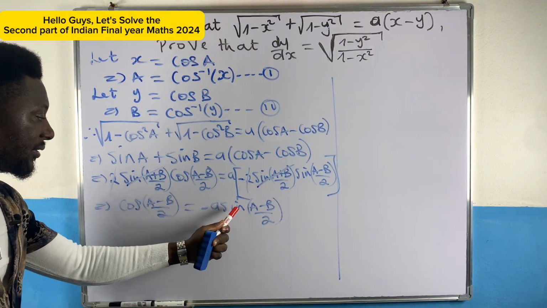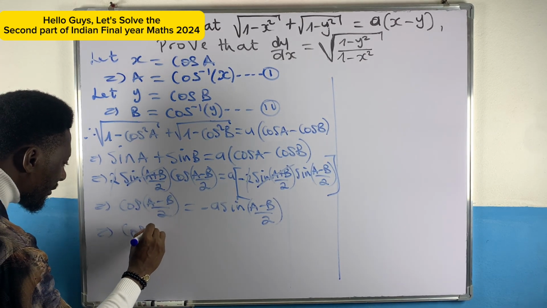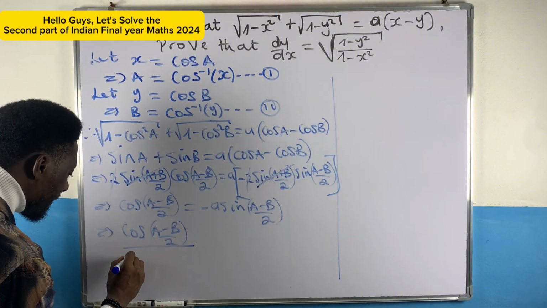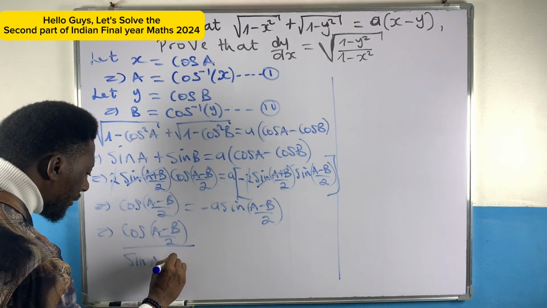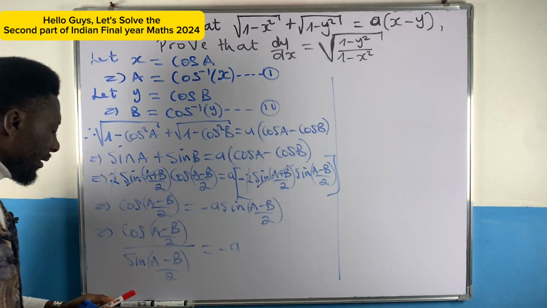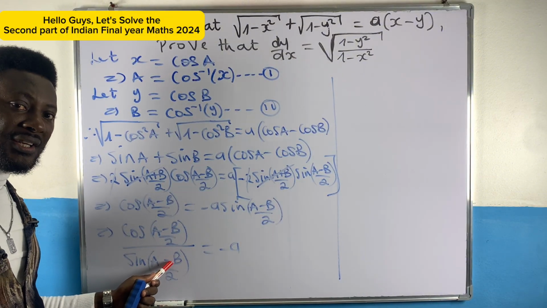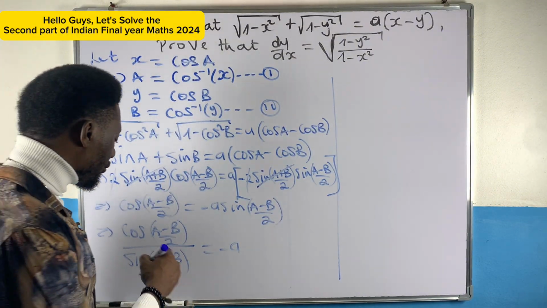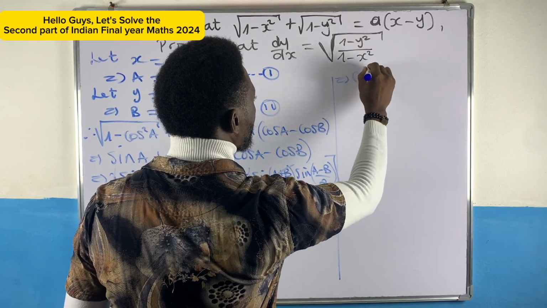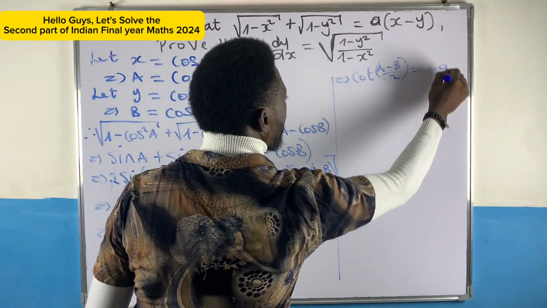So I will bring sin((A minus B) on 2) this way so that I can have cos((A minus B) on 2) all divided by sin((A minus B) on 2) equal to negative A. Now, the cosine of an angle divided by the sine of that same angle is the cot of that angle. So this implies cot((A minus B) on 2) should be equal to negative A.